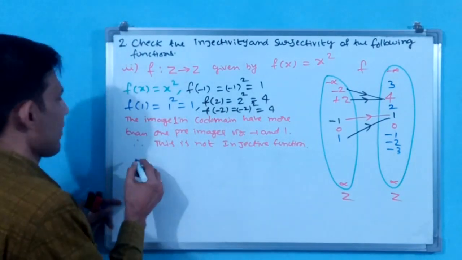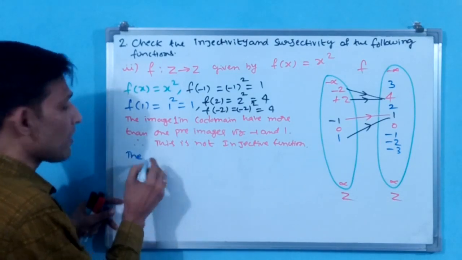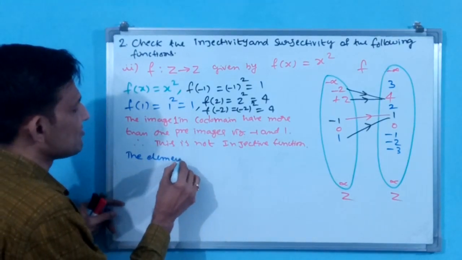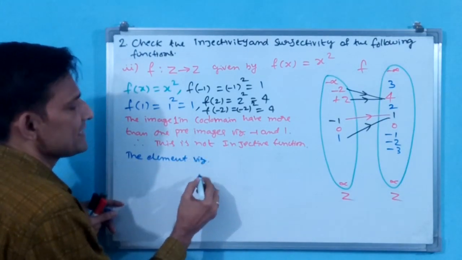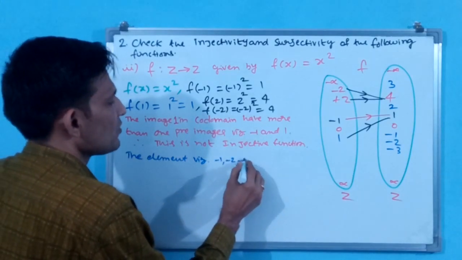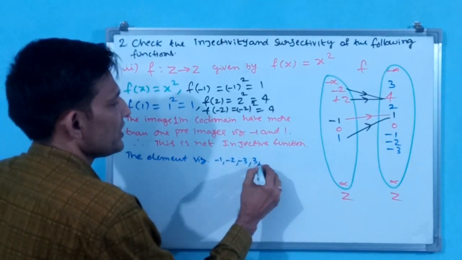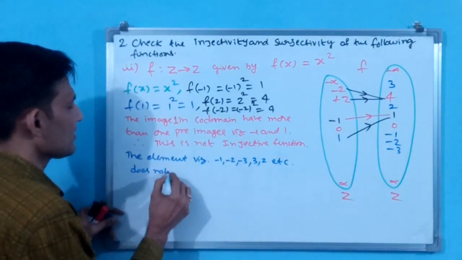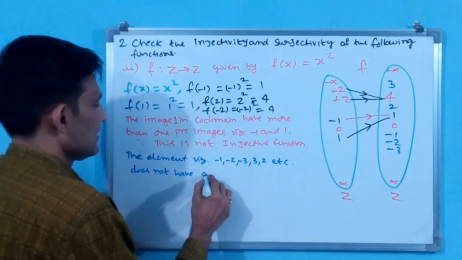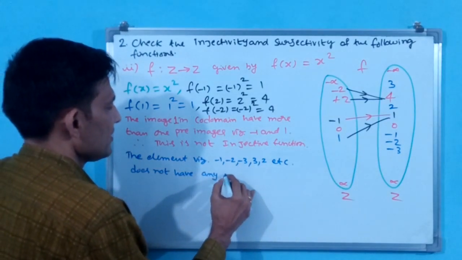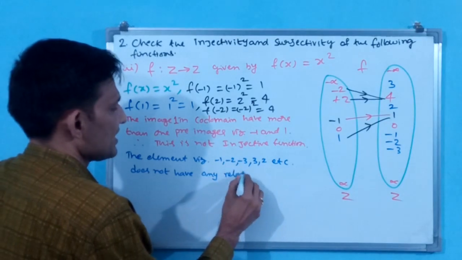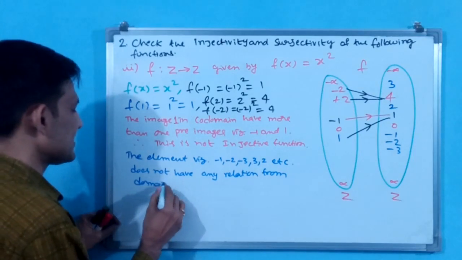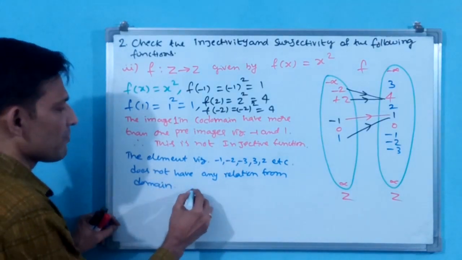Okay. See how I am writing. I am writing elements; here I have written image. The elements minus 1, minus 2, minus 3, 3, 2, etc. do not have any relation from domain.